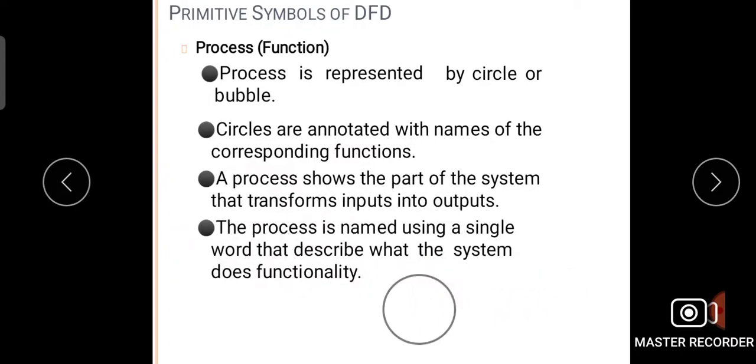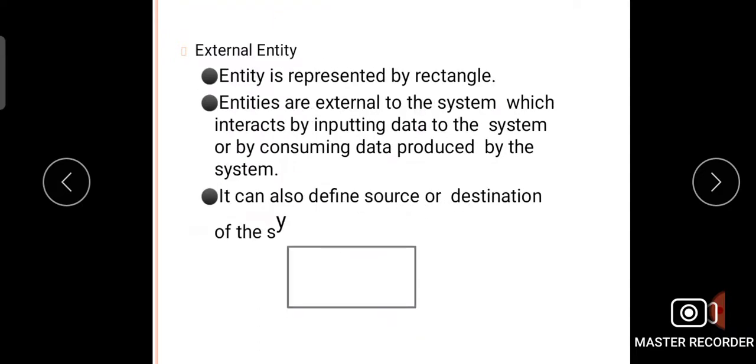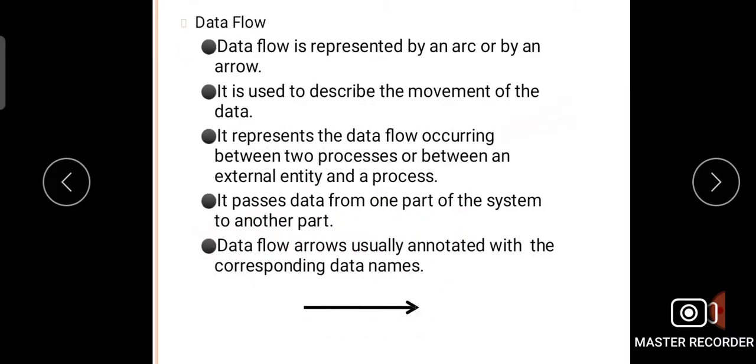Here are the basic symbols used in a DFD diagram. First, for a process we use a round shape. Next, for an external entity we use a rectangle shape. For data flow we use an arrow shape.